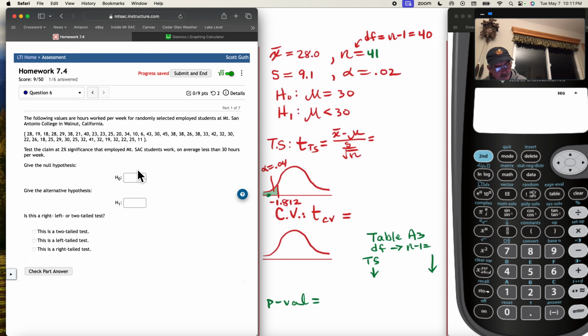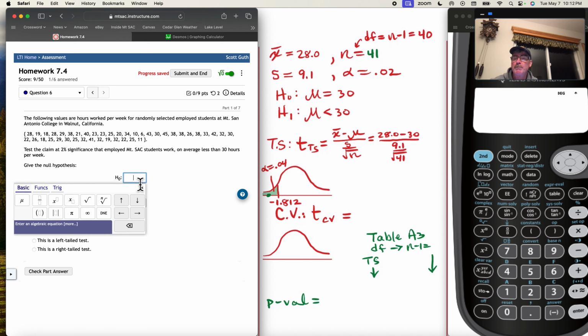Okay, we'll do our test statistic now. X bar is 28.0 minus mu, which is 30, over S, which is 9.1, over the square root of N, which is 41. I could put in what I've done so far.